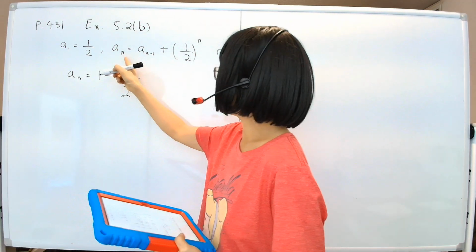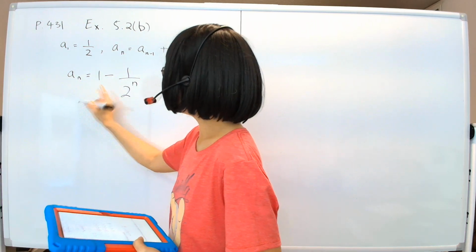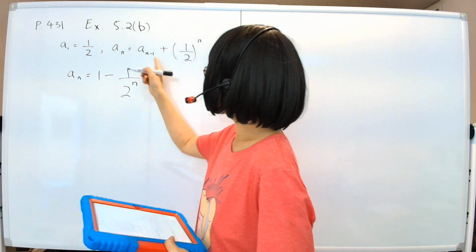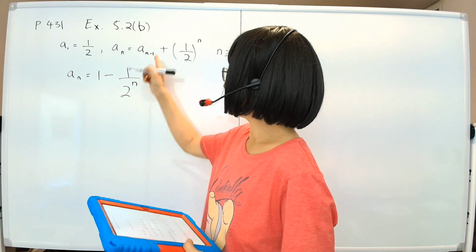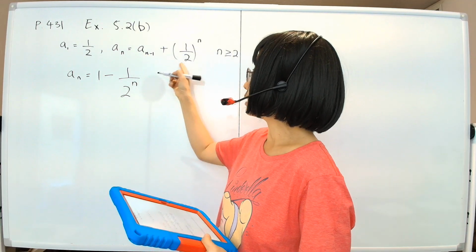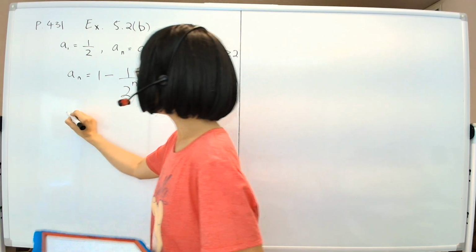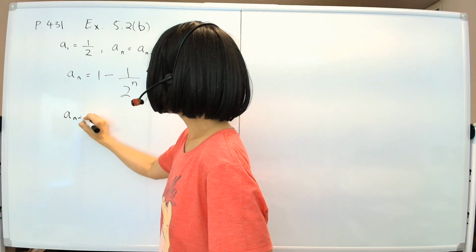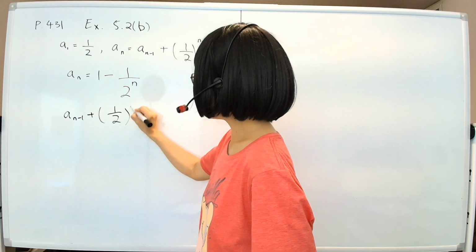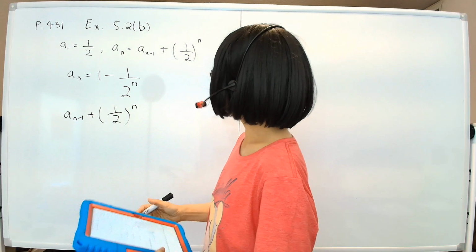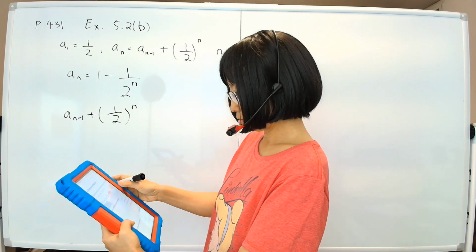Then what we're going to check is whether a(n-1) plus 1/2 to the power n equals an. So what is a(n-1) plus 1/2 to the power n? Is that the formula? Did I write it right? Yeah, that looks right to me.